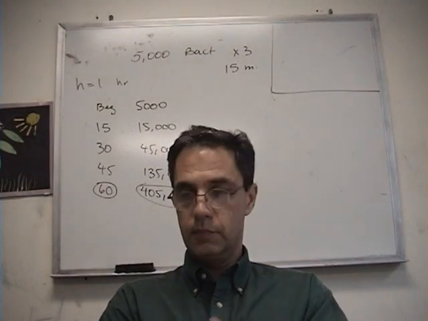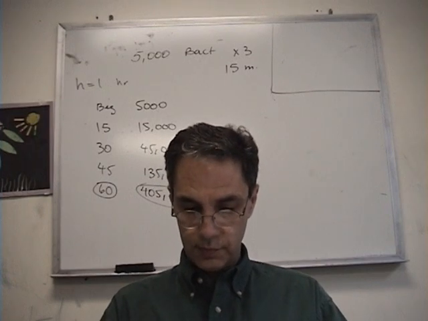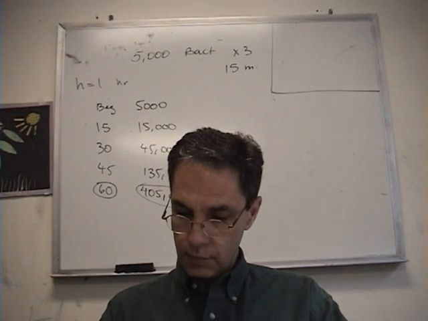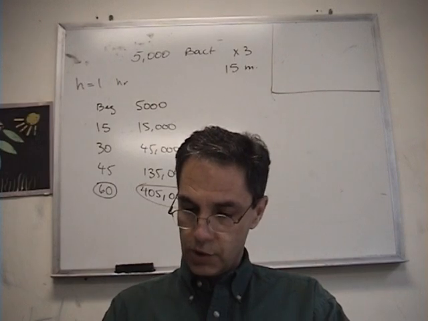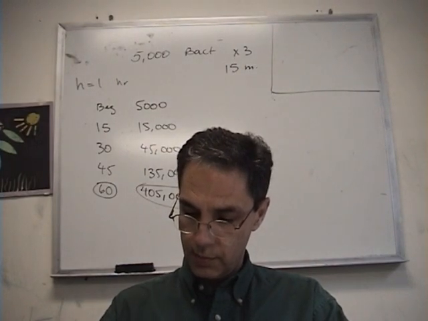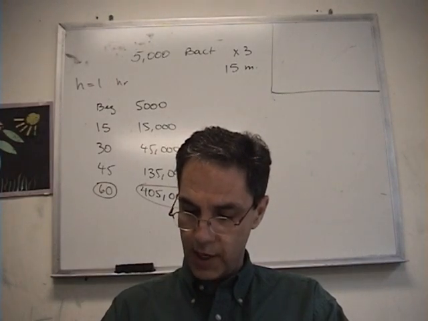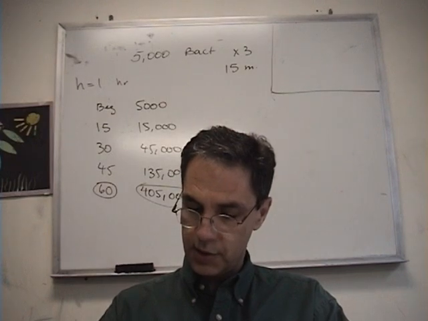Graph it on our calculator. So we put 0.25 to the x on the y1, and then underneath on the y2 we put 4 to the x, and then we hit zoom 6.